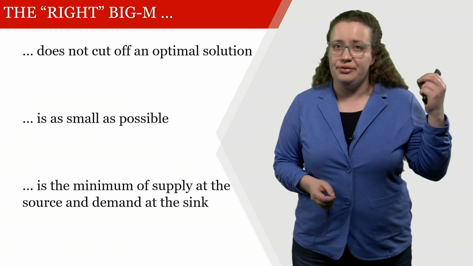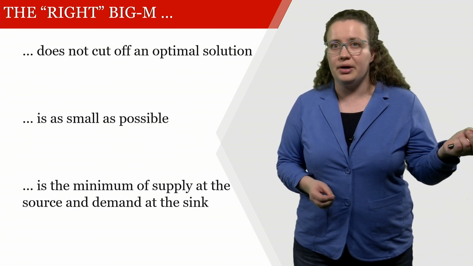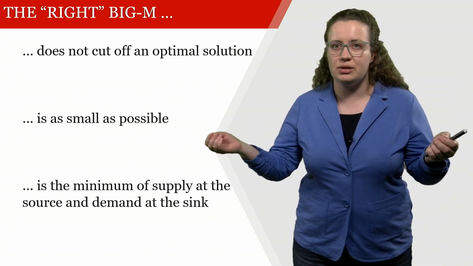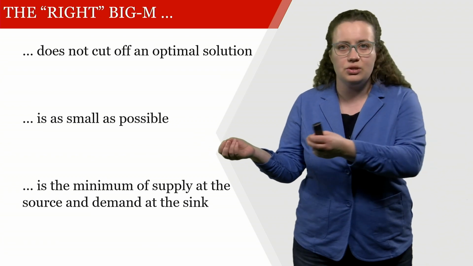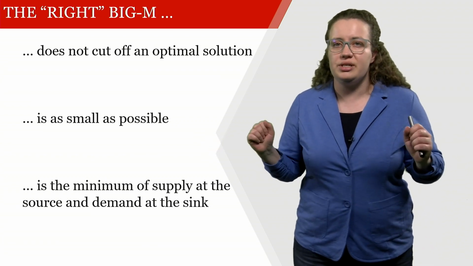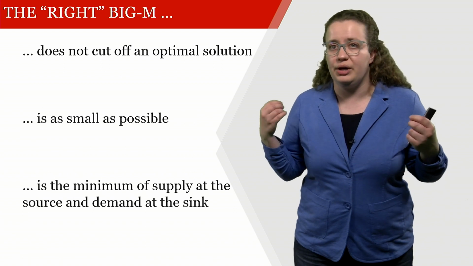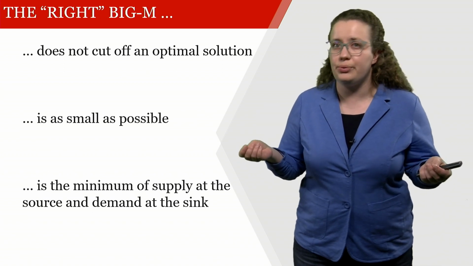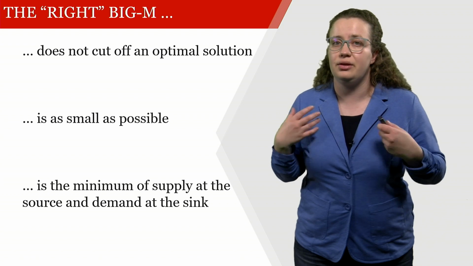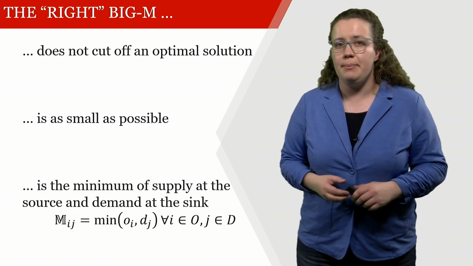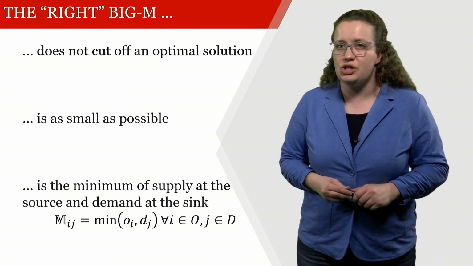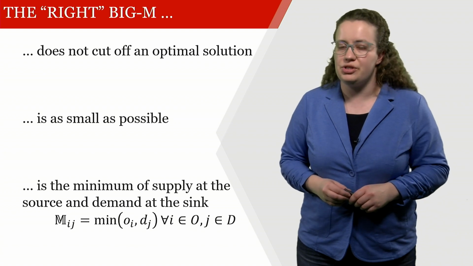So if we have 3 bikes parked here and we have a demand of 2 bikes over here, we would never move more than 2 bikes between them. Of course, if we have a demand of 4 while we're having a supply of 3, we would not move more than 3. So M is the minimum of O_i and D_j for all i in O and j in D.